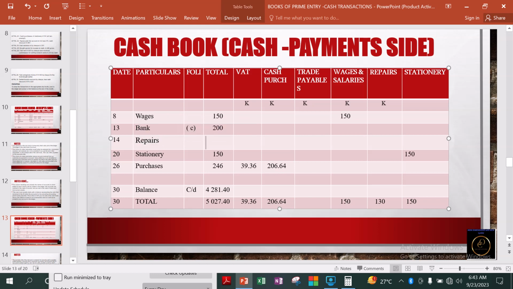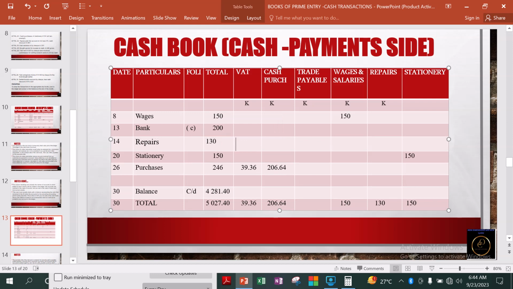What is given out is 130, coming from cash. So we indicate here under repairs 130.